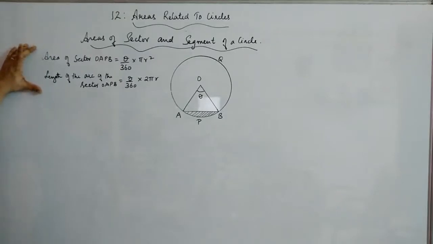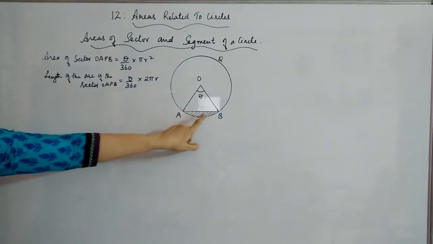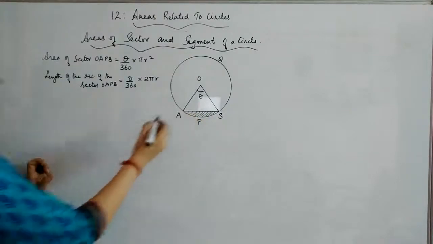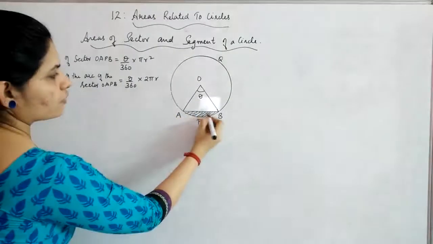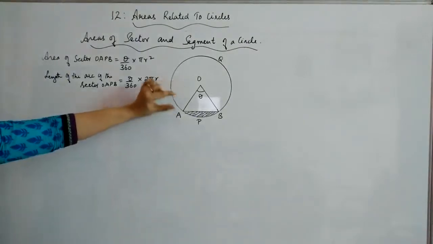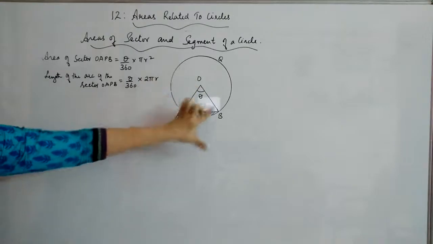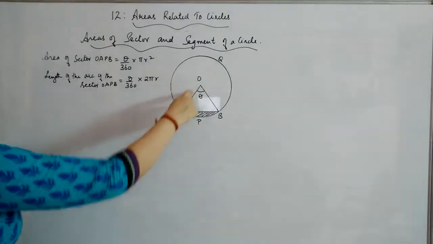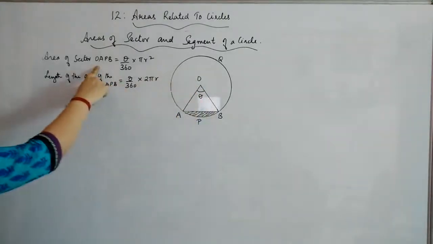Now we are finding the area of the segment APB. The region which I have darkened, this region we have to find. For that, we will subtract the area of the triangle from the area of the sector. This total is the area of the sector and you got the formula.